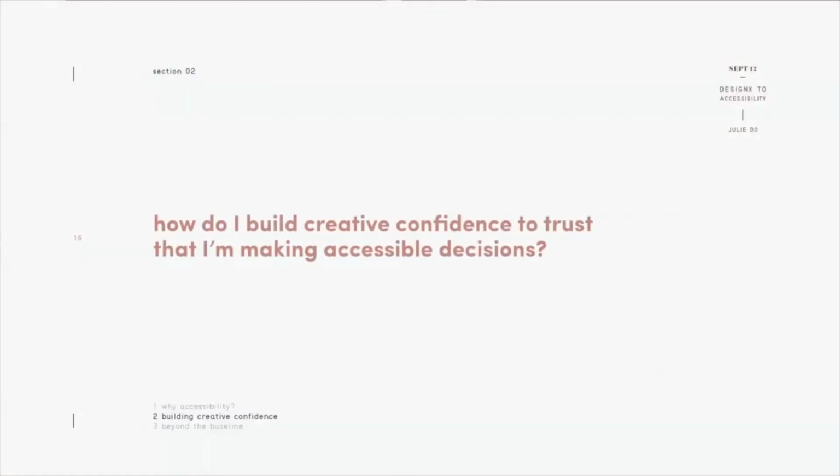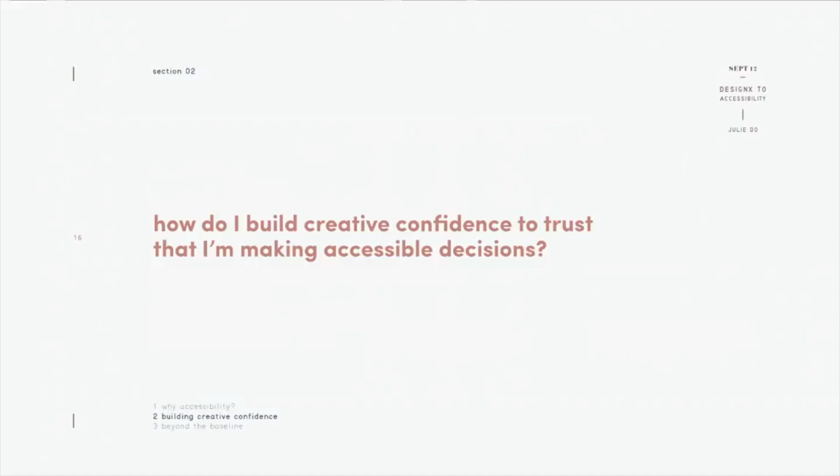Like I said, this is probably the key question that made me want to share this presentation: how do I, as a designer, build creative confidence to trust that I'm making accessible decisions? How do we know that we're meeting standards? Who tells me yes, something is accessible, or no, it's not? No one can probably tell you.